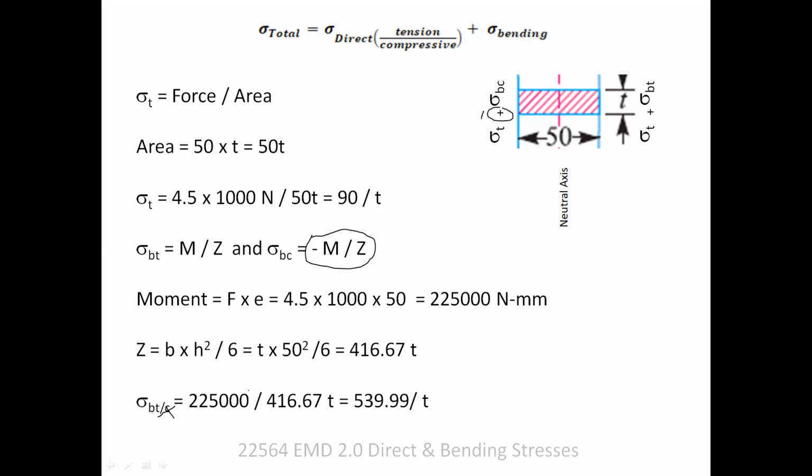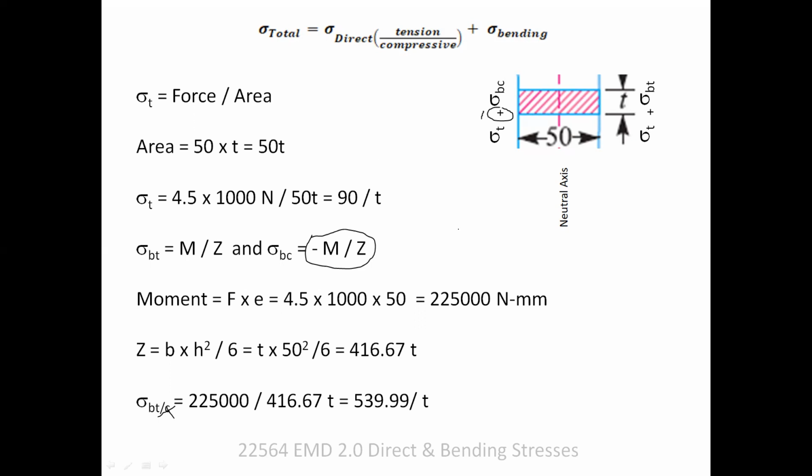Here, for the maximum, we need not consider minus sigma BC, because there is sigma T minus sigma BC, so the stress value on the left side of the neutral axis is lesser. That's why I have cut that C. So sigma BT is the only maximum value that we can add to sigma T, which is direct.